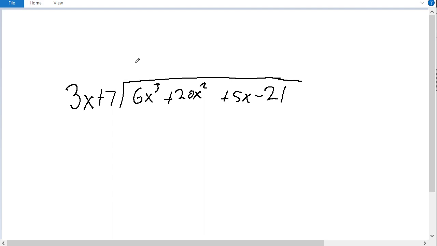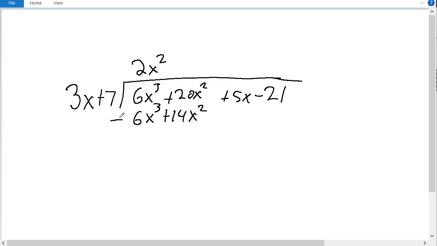And that answer is 2x squared. Right? And now I take this and multiply it to both terms of my divisor polynomial, and I'll get 6x cubed plus 14x squared.